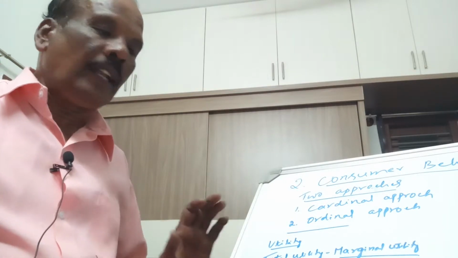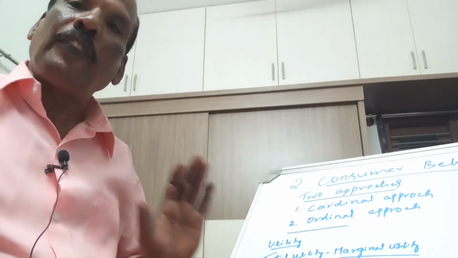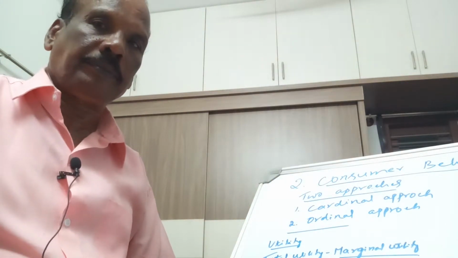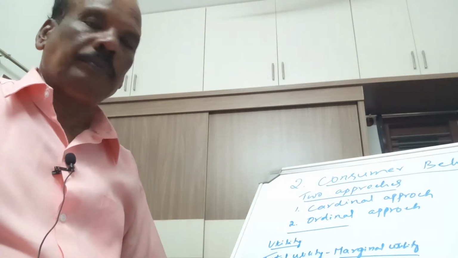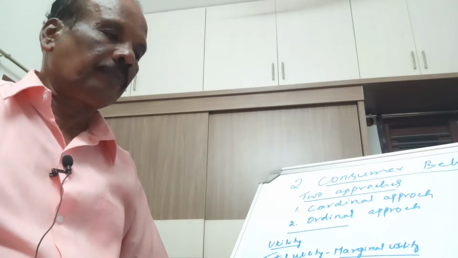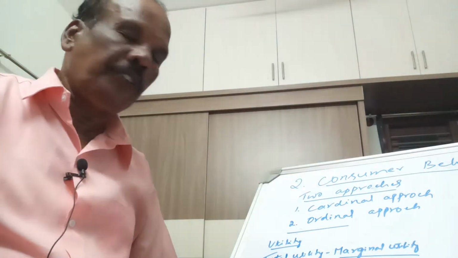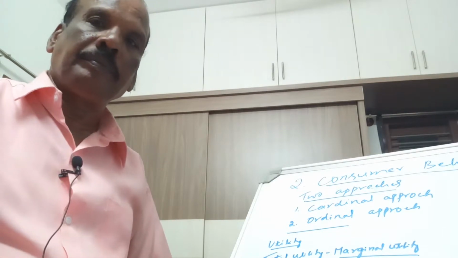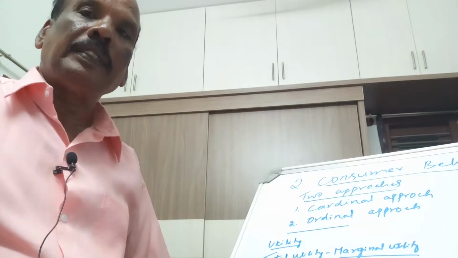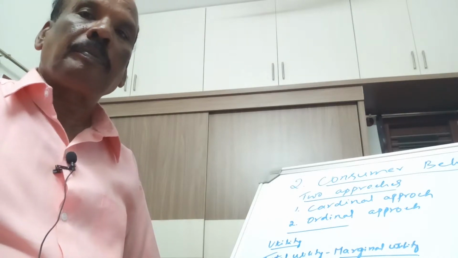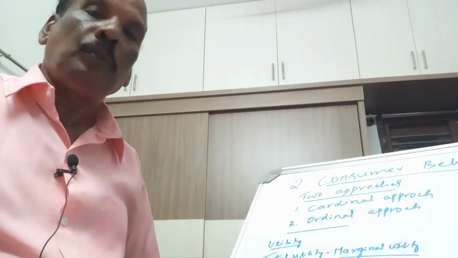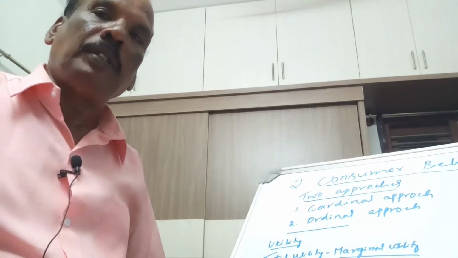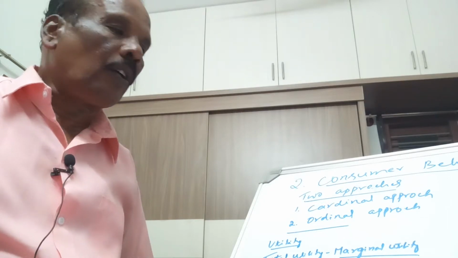Now, let's understand the differences between total utility and marginal utility. Before that, let's understand what utility is. Utility is the power of satisfying a human want. In other words, the want-satisfying power of a commodity is called utility.